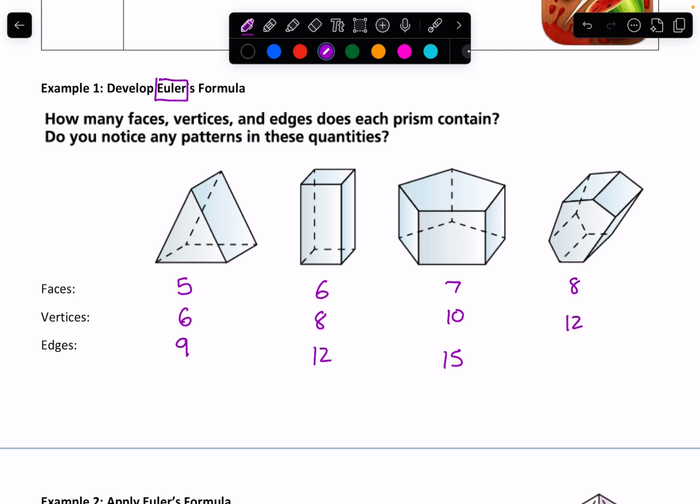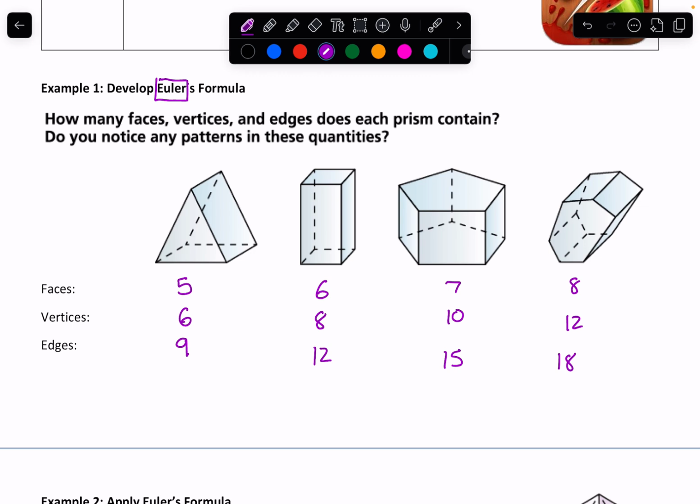So what Euler did is he said, I think that there's a pattern here. When we go up one face, some other things are always going to happen. When we go up one face, we go up 2 vertices, and we go up 3 edges. And that pattern continues every time. He says, how can I turn that into a formula? So he came up with this formula that relates these 4 values.